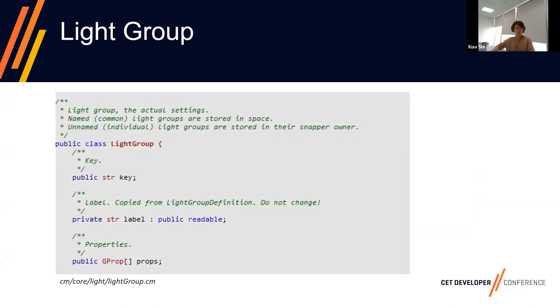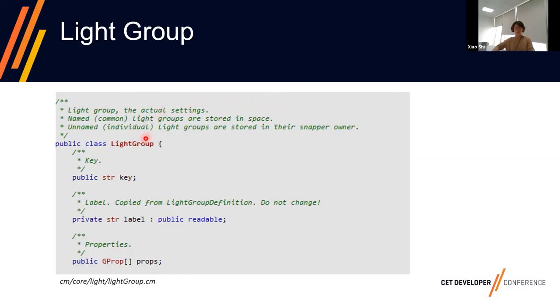And you can see that there is a comment saying that the common light group, which is what I just mentioned, the global light group that you can change for all the lights, for the group of lights, is actually stored in space.